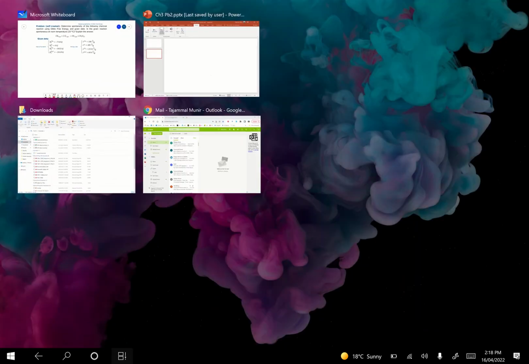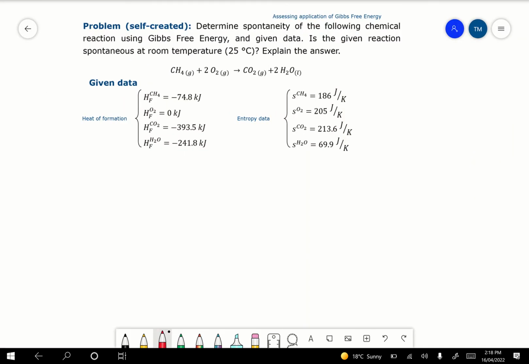Okay, so this question is about assessing application of Gibbs free energy, and this is a self-created problem. In this problem, we determine spontaneity of the following chemical reaction using Gibbs free energy and given data.